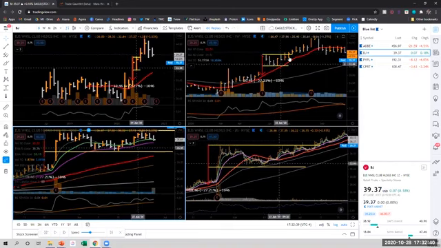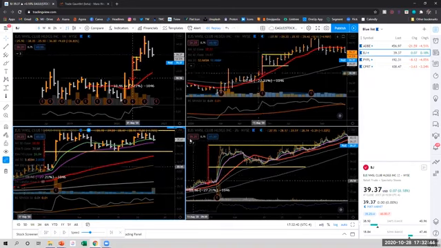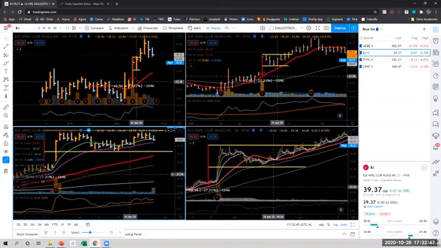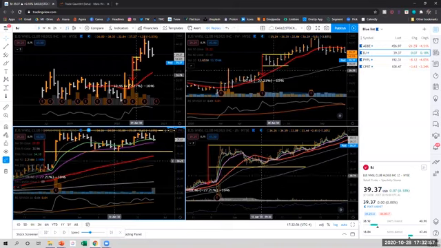It's forming this flag pattern, and when you're trying to find the way in, I always like to look for where am I going to get in? Where am I going to get out? And what's my target going to be?